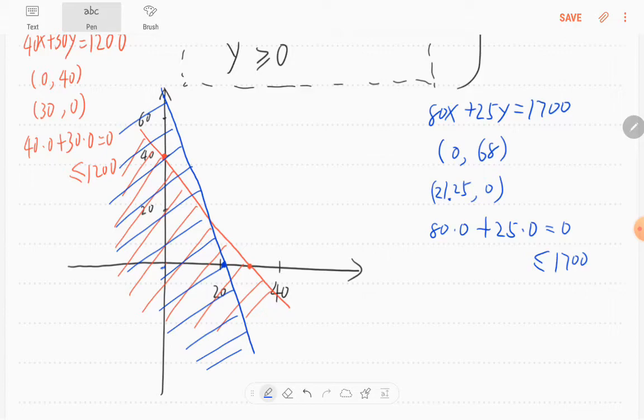Okay, so now we also have another one, which is x greater than or equal to 0 and y greater than or equal to 0. It should be in the first quadrant, in this part, right?